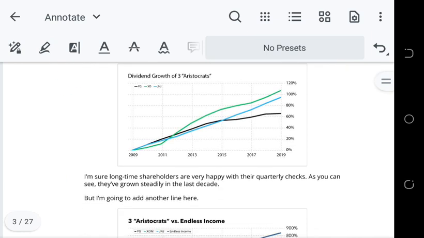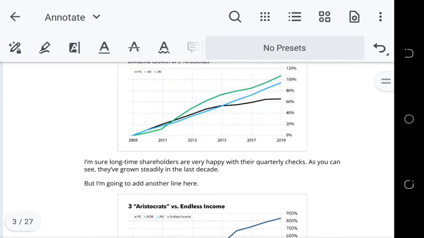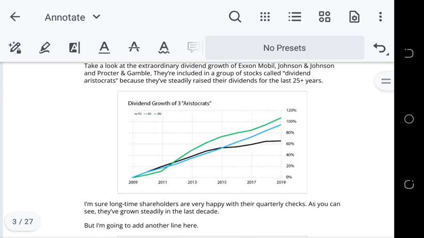I'm sure long-term shareholders are very happy with their quarterly checks. As you can see, they have grown steadily in the last decade. But I'm going to add another line here: the aristocrats versus endless income. So that's another very important kind of proof element.